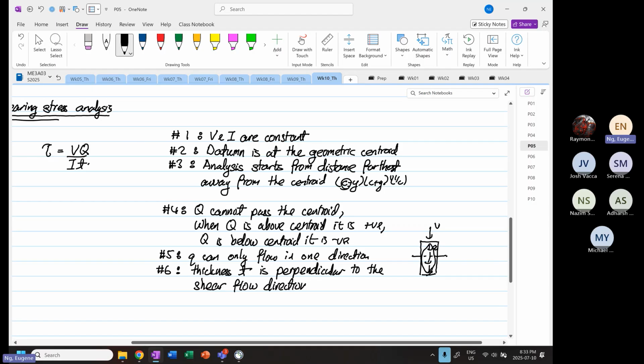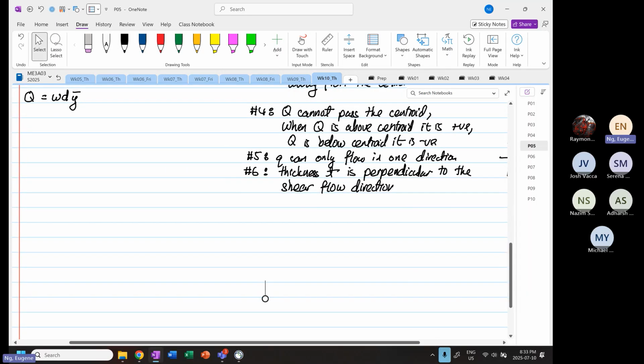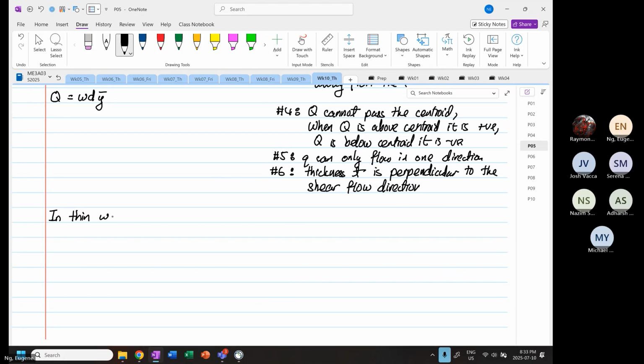So, what is this extra add-on? In thin wall analysis, there are two general configurations.